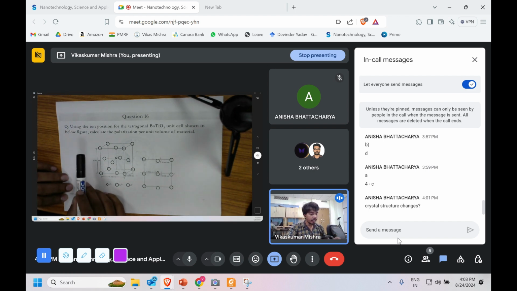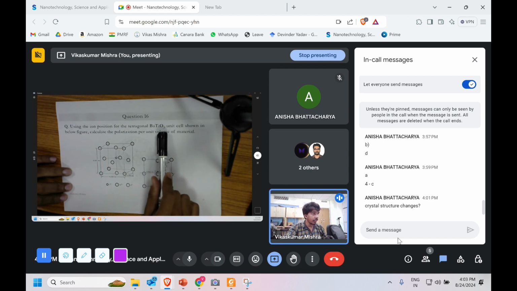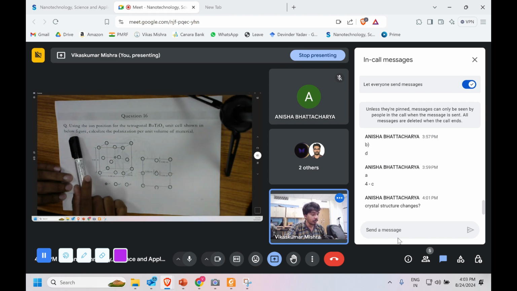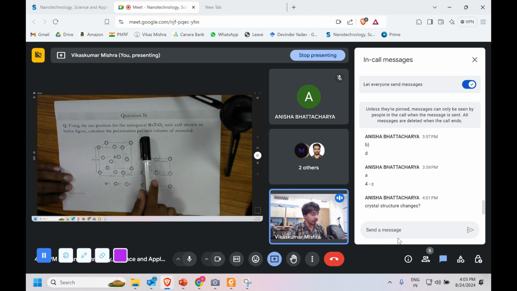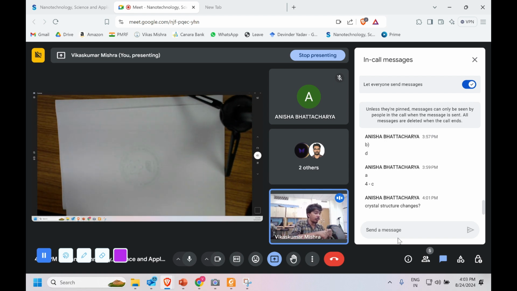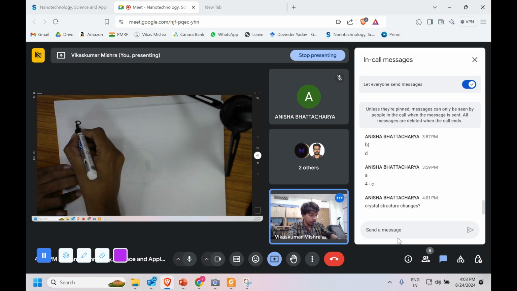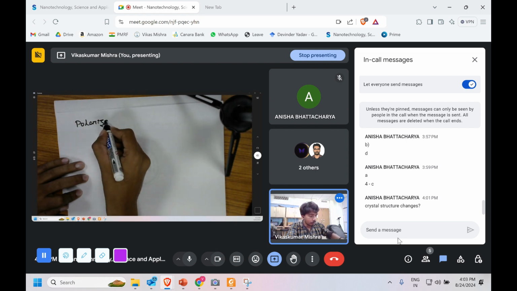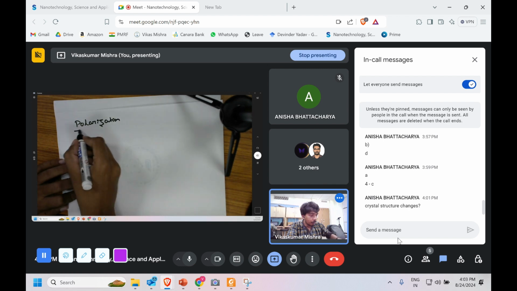The question says: using the ion positions for the tetragonal BaTiO3 unit cell shown in the below figure, calculate the polarization per unit volume of the material. So we want to find the polarization per unit volume.